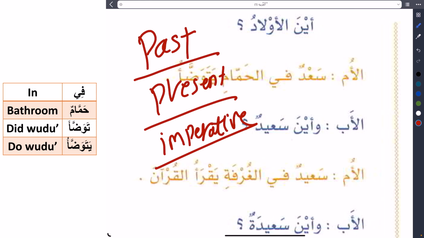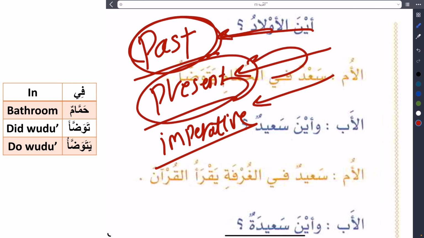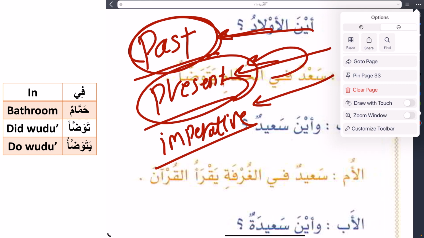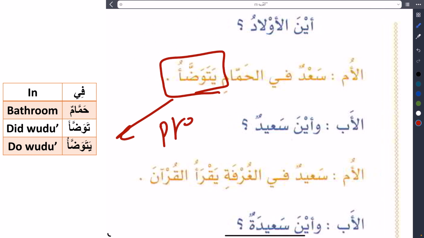For each verb you study, it's very important to know these three. And in all our lessons, we will try to know all of them step by step. In some lessons, we focus on the past. In other lessons, we focus on the present and so on. So, this verb يتوضأ is present.